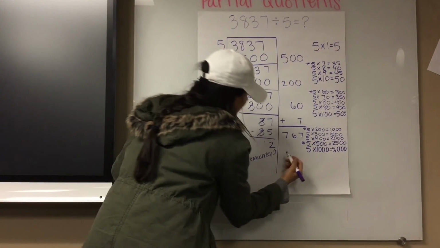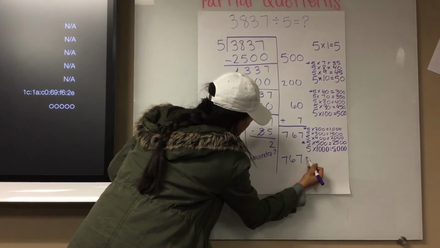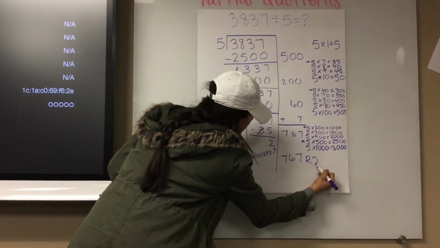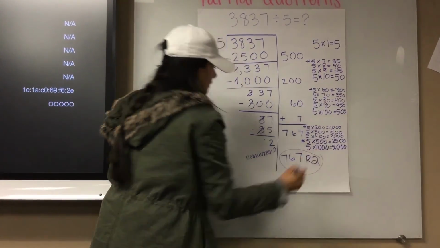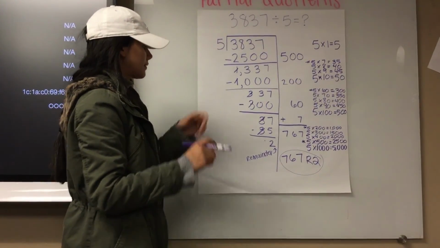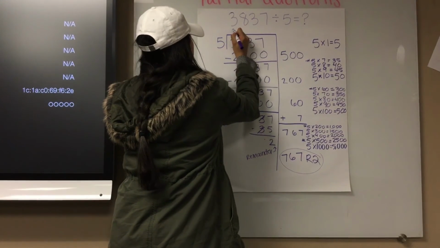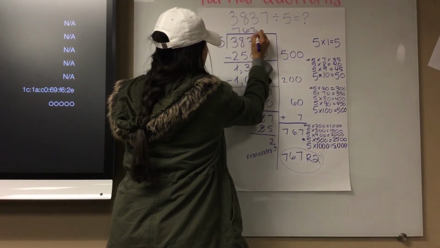So then our total problem equals out to 767 remainder 2. And you'll take this number and write it at the top of the problem. So you'll write 767 remainder 2.